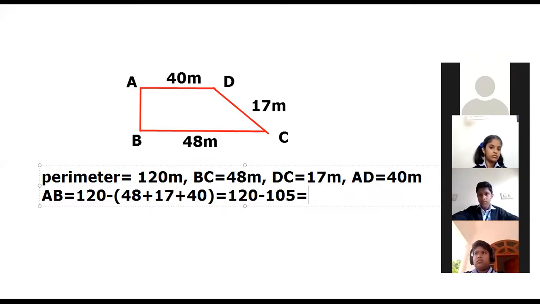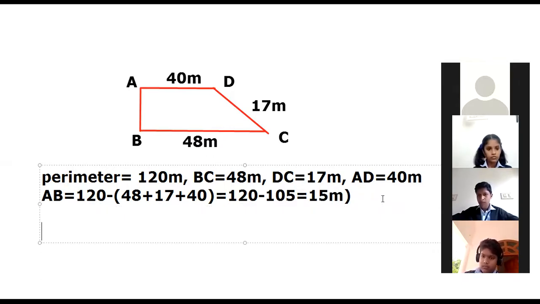Then you will get 15 meter. Is it correct? Sorry, meter, not centimeter. 15 meter is the fourth side AB. So now we have everything we require, right?